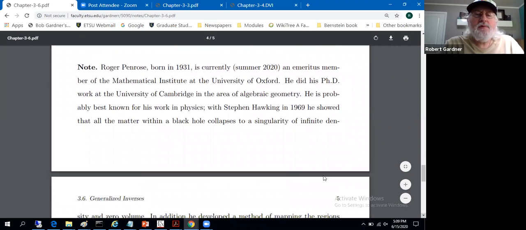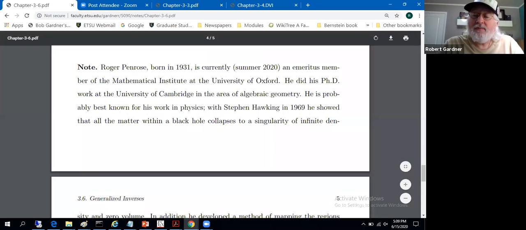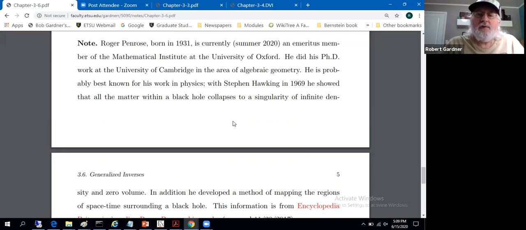Roger Penrose, the old dude, was born in 1931. As of today, so I'm in summer 2020, he's an emeritus member of the Mathematical Institute at the University of Oxford. He did his PhD work in algebraic geometry, but this sort of trickles down more to interacting with Stephen Hawking and the theory of black holes.